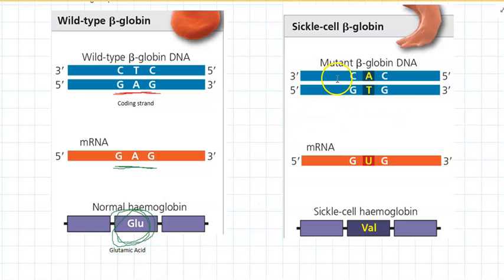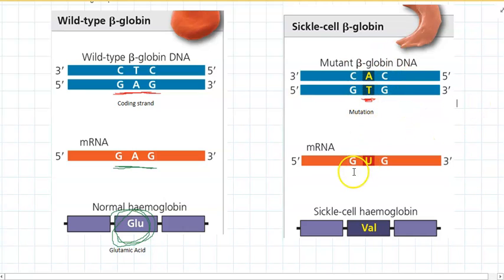Okay, but the mutation changes just one letter in the genetic code. So from GAG, it goes to GTG. So there's the mutation. So on the coding strand, it's a GTG, and then on the mRNA, it's a GUG, because remember, mRNA uses uracil instead of thymine.